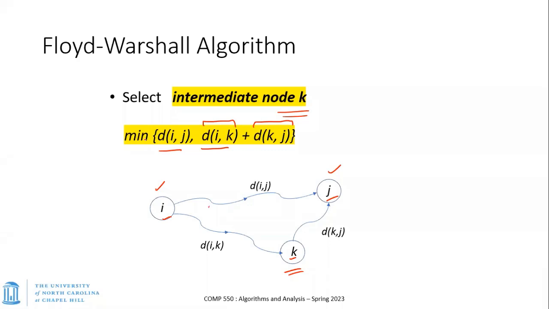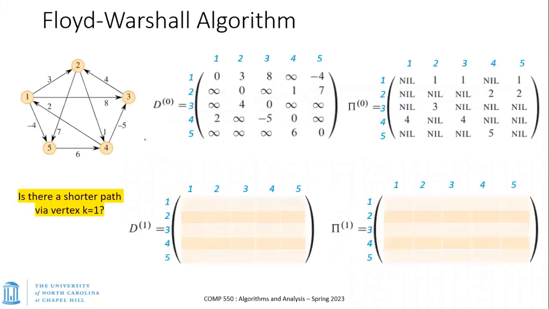So let's see how this plays out. Now, in an iterative manner, we're going to go through all of the vertices. Initially, we're going to say, if we went through k equal to 1, if we went through vertex 1 for all of these pairs, can we improve the weights? Can we improve the total distance? Let's see if we can do this.